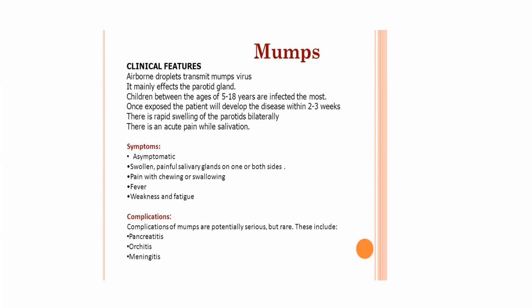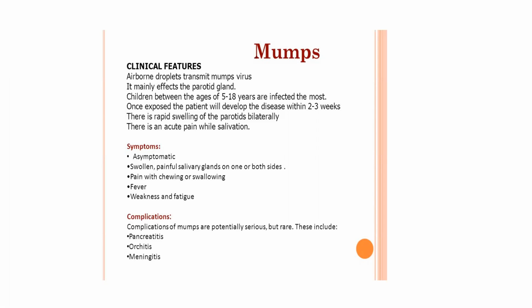But sometimes it is seen that even other parts of the body are affected in the absence of parotitis. That means the parotid glands may not be affected, but the other organs of the body may be. Okay, so that is a major problem because it becomes very difficult to identify that this is mumps.